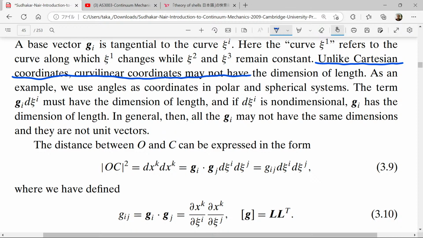As an example, we use angles as coordinates in polar and spherical systems.